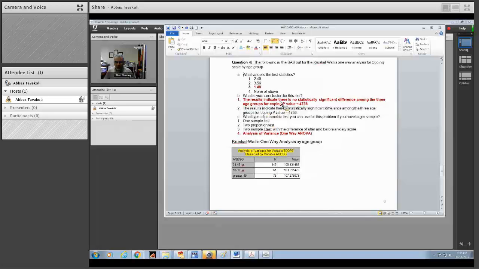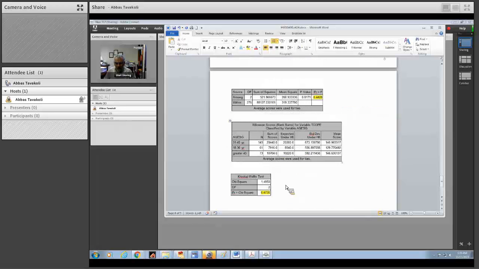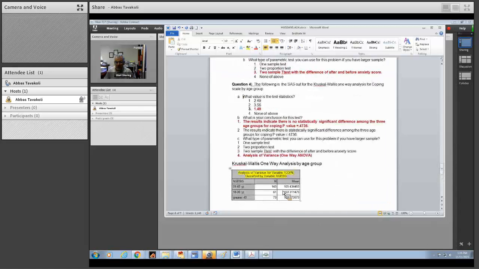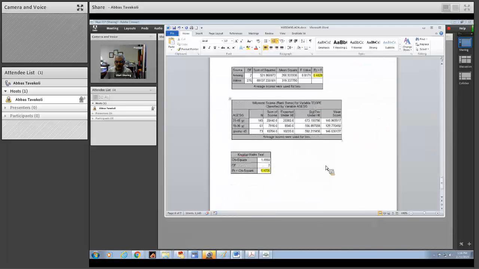And what is your conclusion for this test? Because your p-value here is greater than alpha 0.05, you fail to reject, so you cannot reject it. And part C asks, if it was a large sample size, what kind of test would you use? The analysis of variance, or one-way ANOVA, would be the right answer.